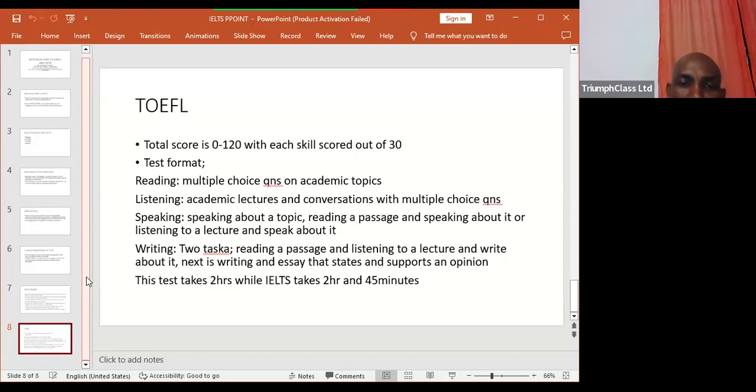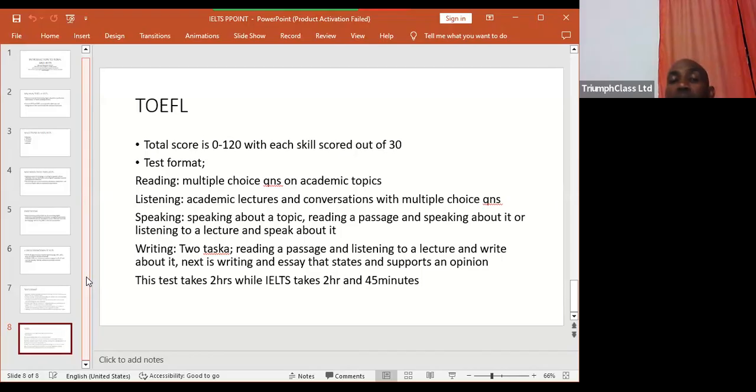Then the second task is writing an essay that states and supports an opinion. Essay writing has to state the opinion and also support that opinion.